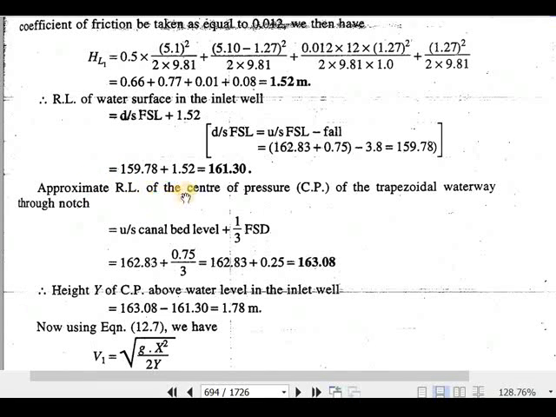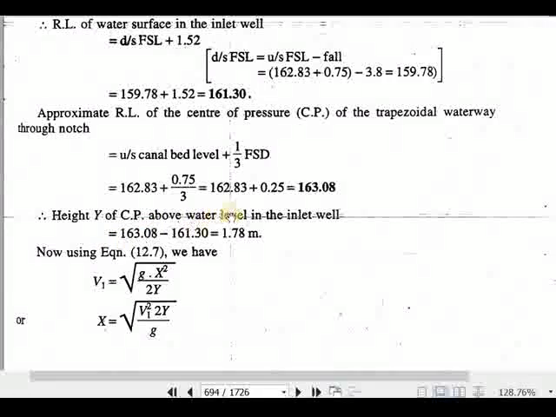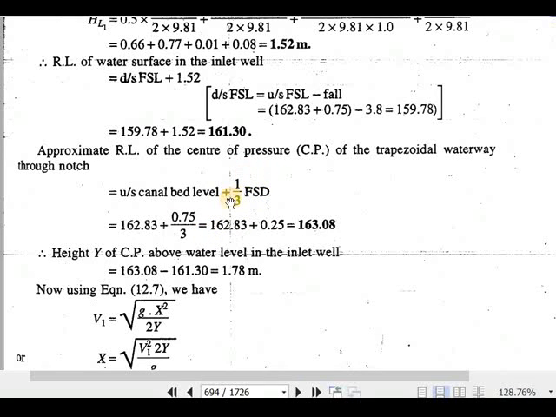So approximately, the reduced level of center of pressure can be approximated. That is upstream canal bed level plus 1/3 FSD. So that is equal to 162.83 plus full supply depth divided by 3. You can get 163.08. That is the center of pressure. So the height Y, where the center of pressure acts above the water level in the inlet well: actually it usually acts at 1/3.